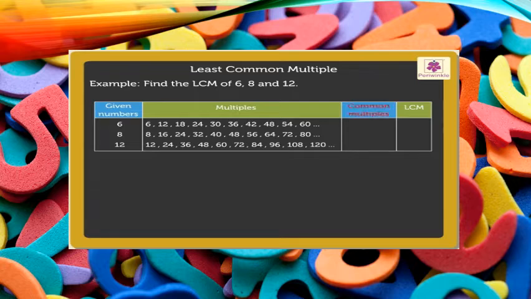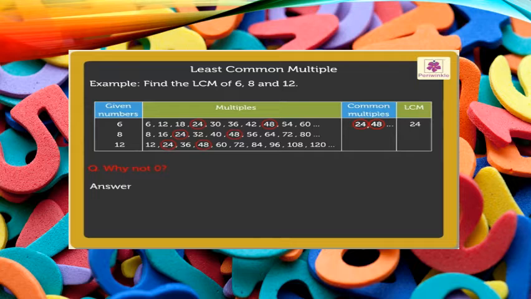Here, the common multiples of 6, 8, and 12 are 24, 48 and so on. Thus, LCM is 24. Now kids, I am sure all of you must be wondering why we did not list 0 as a multiple for any of the numbers.